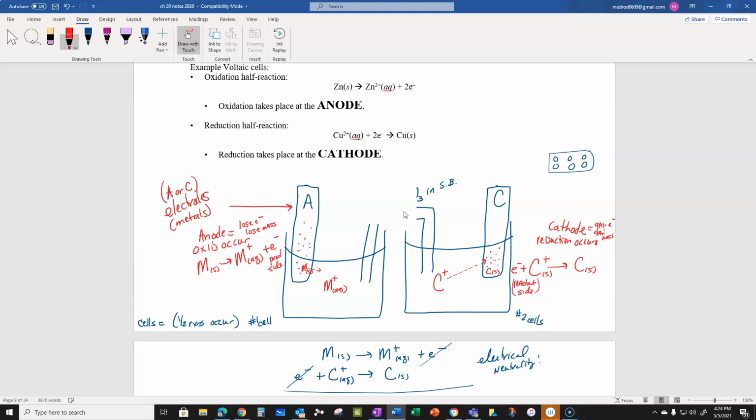Okay, so KNO3. Automatically, as soon as this starts, first step, the ions in the salt bridge migrate first. Okay, so as soon as you hit start.